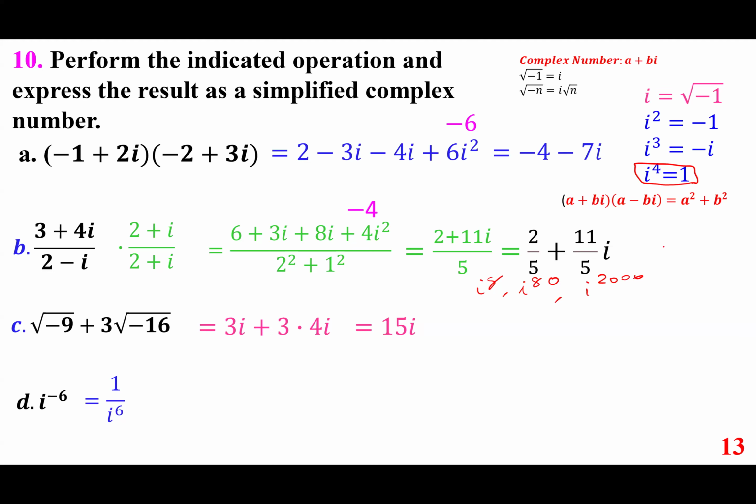And so you divide the number, in this case 6, by 4, you get 1 with the remainder 2. You just write the remainder 2, which means 1 over i to the power of the remainder, and you know this is -1, and that's your answer.